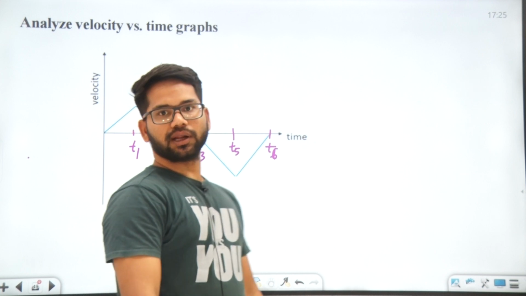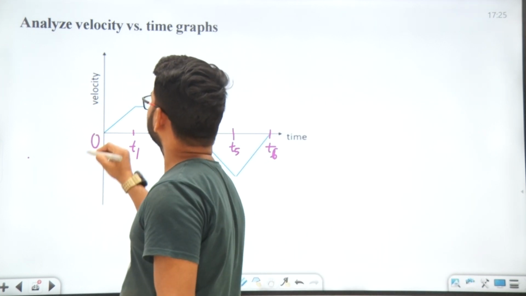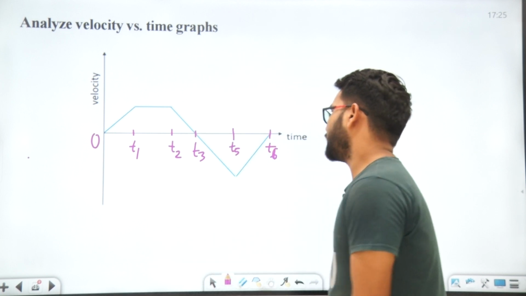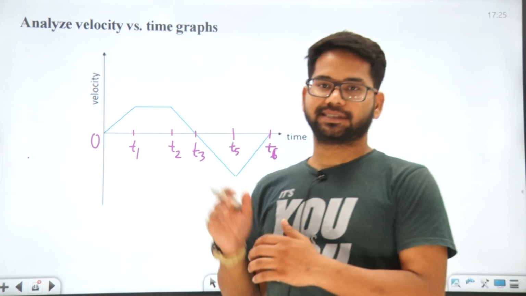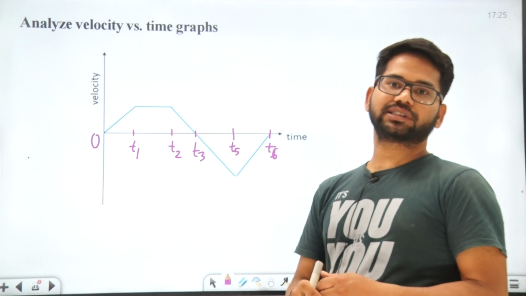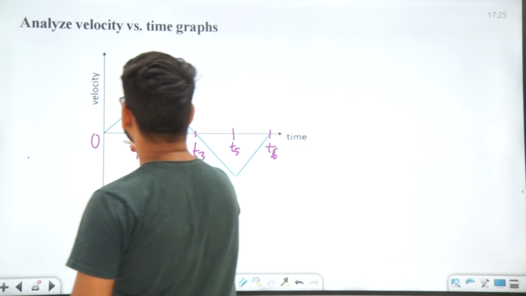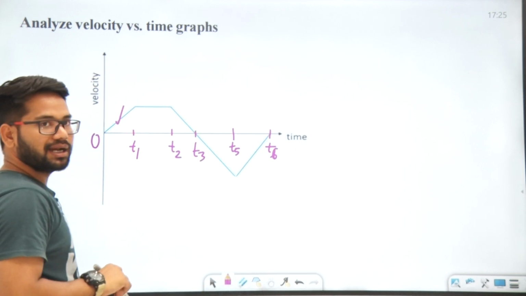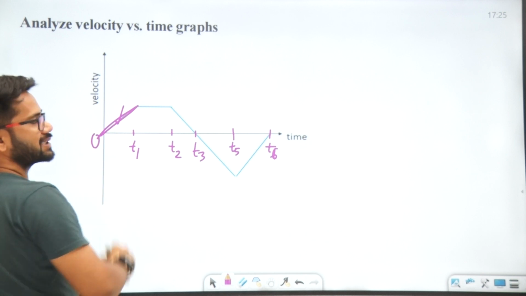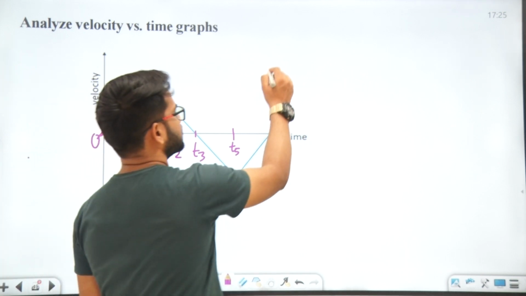So now look, 0 to T1, velocity is uniformly increasing. That means it's the case of uniform acceleration, and its slope will give us acceleration.